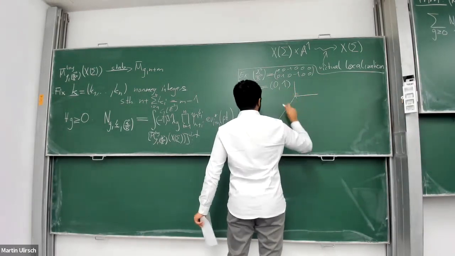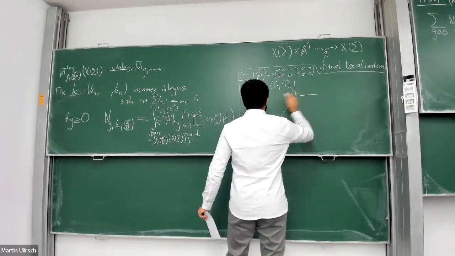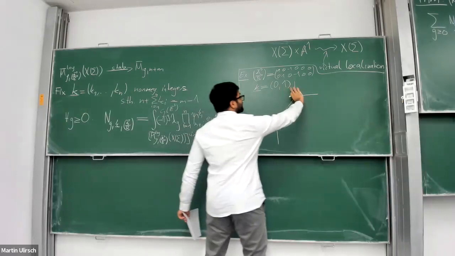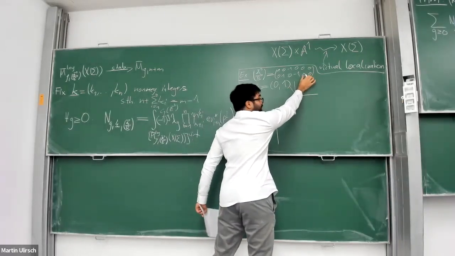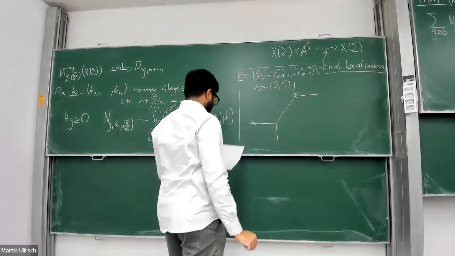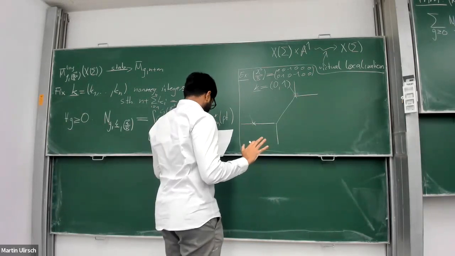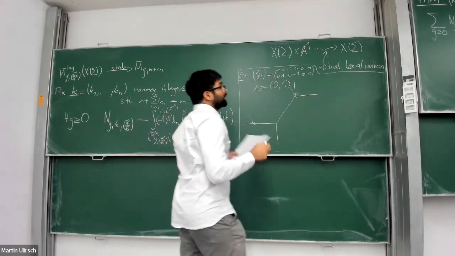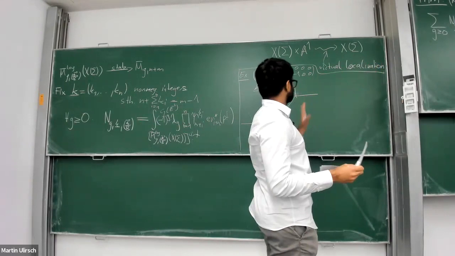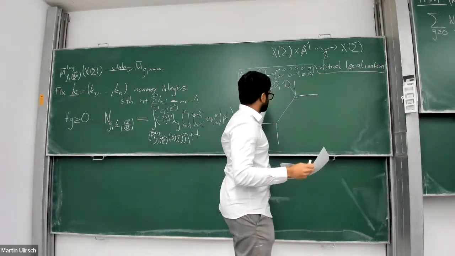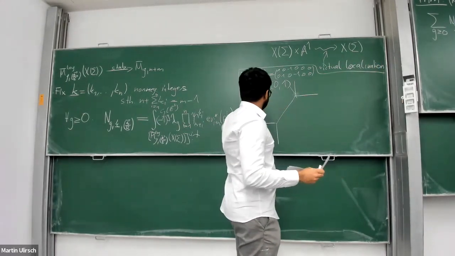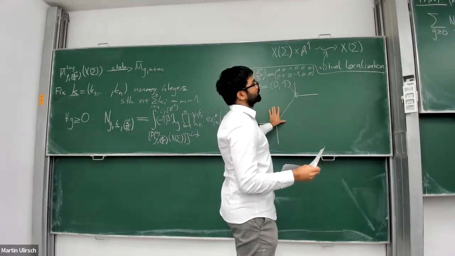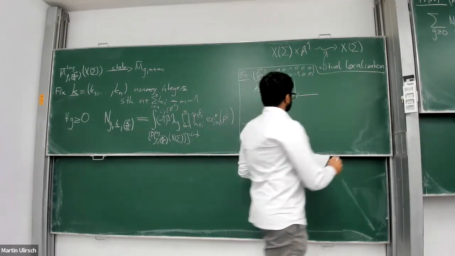So I'm drawing the image of the tropical curve, but there are these contracted legs corresponding to these compact order 0 things. So the right hand side in this very simple case consists of just one tropical curve. I want to tell you what the multiplicity is.